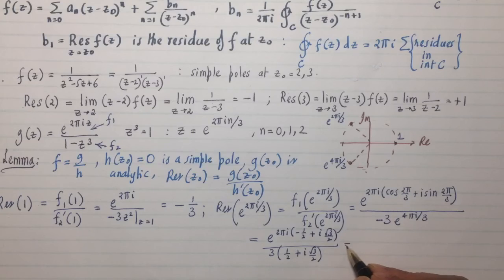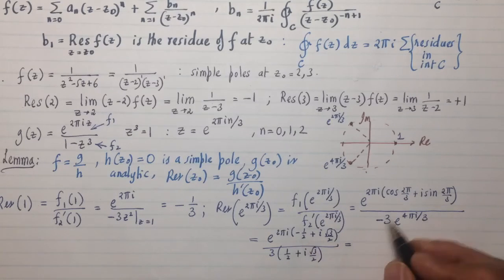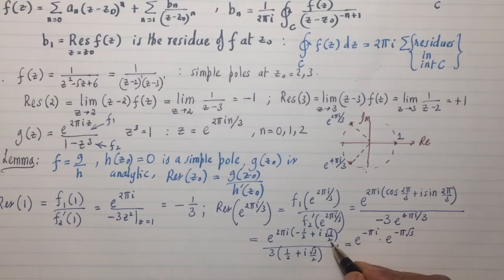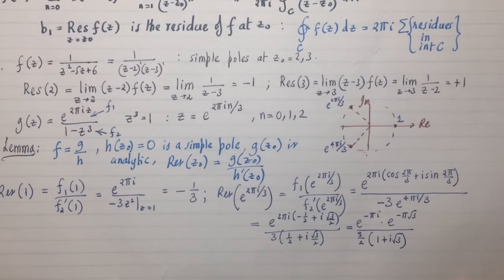Okay, so this is the answer. If you simplify this, I can write this as e to the minus pi i times i, which is minus pi, so that's just e to the minus pi root 3, since the 2 here and the 2 there cancel out, divided by 3 times 1/2, so I'll pull out a half, 3/2, 1 plus i root 3. So that's the answer. Doesn't look super elegant, but that's what it is.